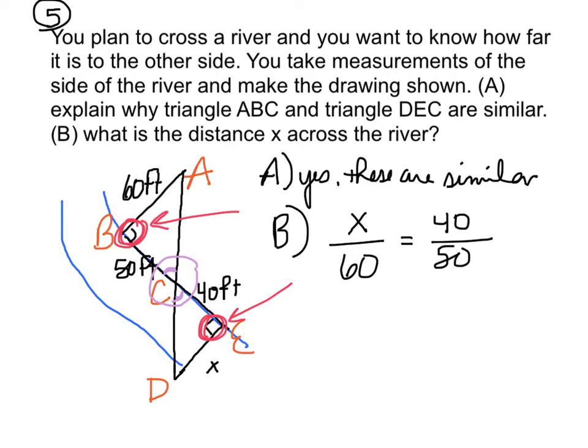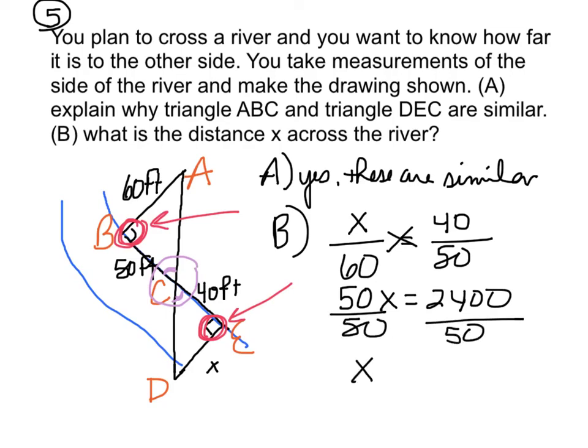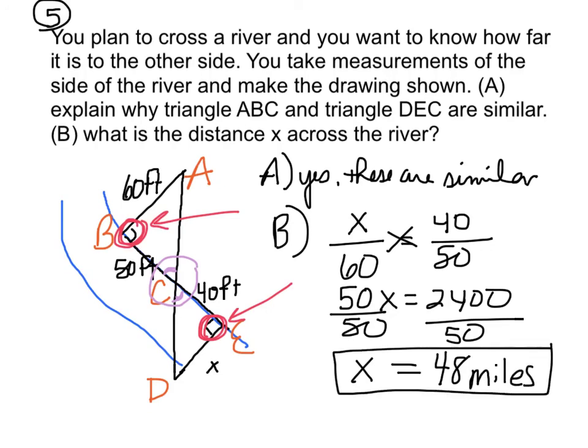Cross multiply. 50x equals 2400, divided by 50. x equals 48. So what is the distance? The distance across the river is 48 miles.